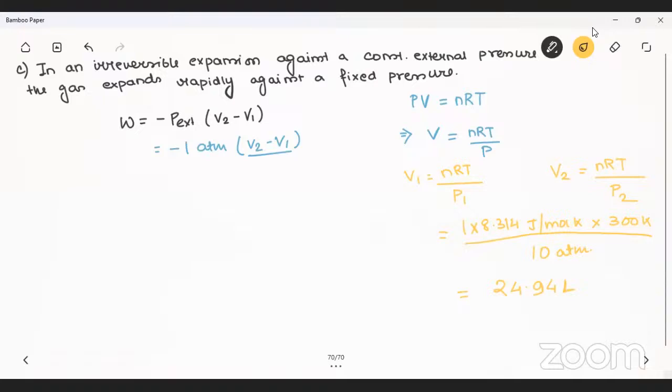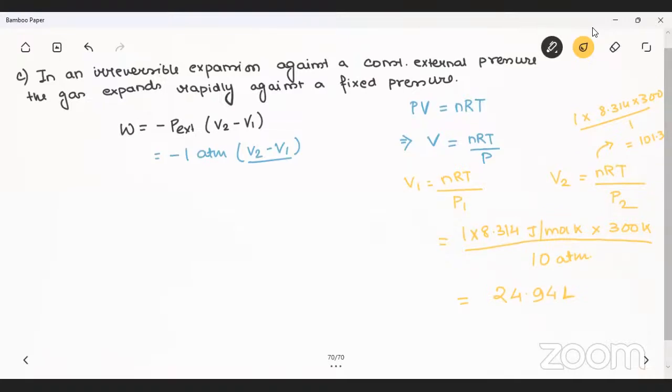Is this part clear? Yes, ma'am. For this, you will write 1 into 8.314 into 300 divided by 1. That will give you something around 101.3 liters.